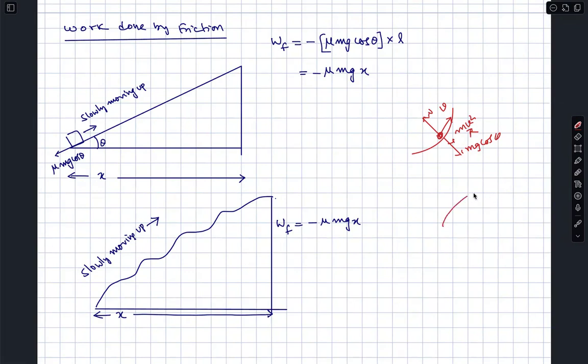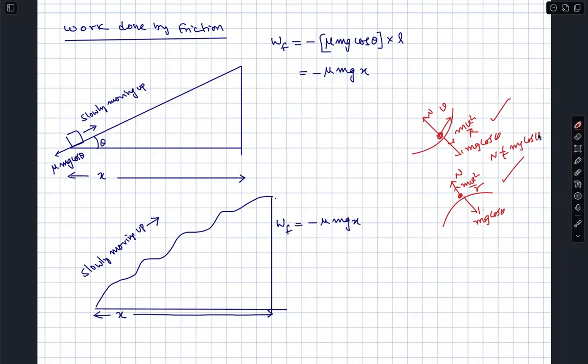Suppose the portion is like this, then what happens? This is how your normal reaction is. This is how your mg cos theta is. And this is how your mv square by r pseudo force is. In this case or in this case, normal reaction is not equal to mg cos theta.